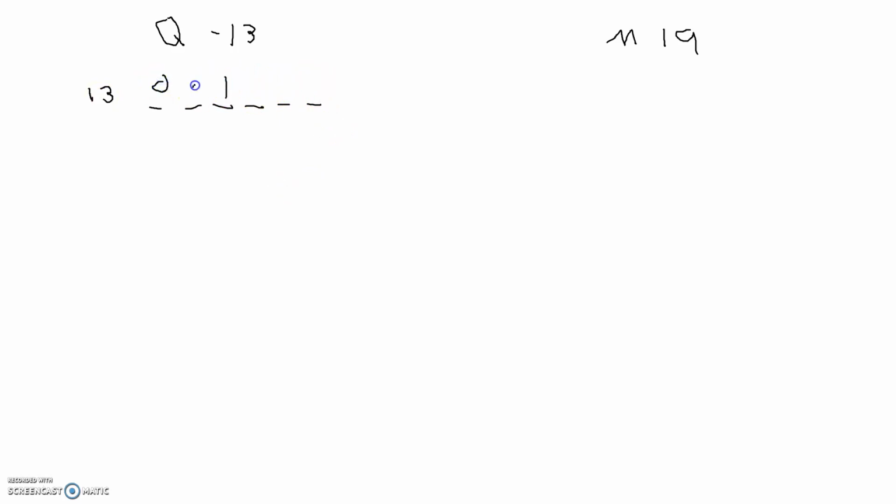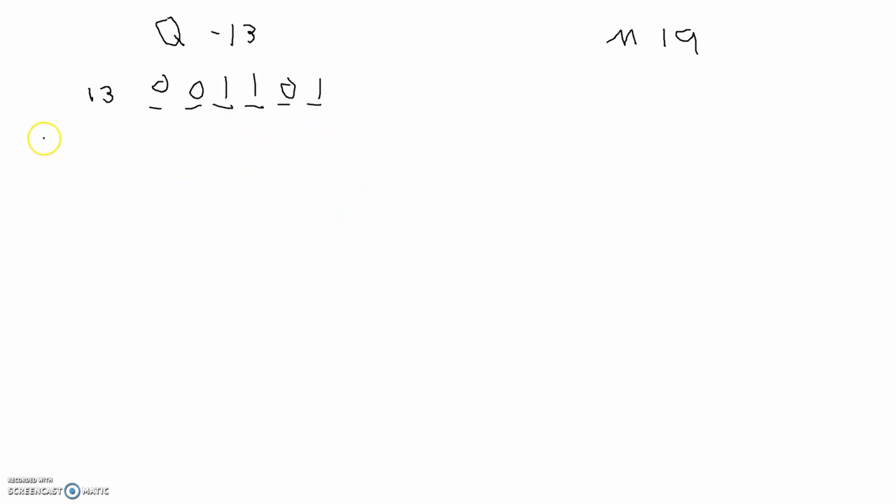So these will be 0 in front. If we subtract 8, we end up with 5. For 5, we have 1 in the 4's position, and then we have 1 here. So this is just the positive 13. So 2 to the 0, 2 to the 2, 2 to the 3. So 8 plus 4 plus 1.